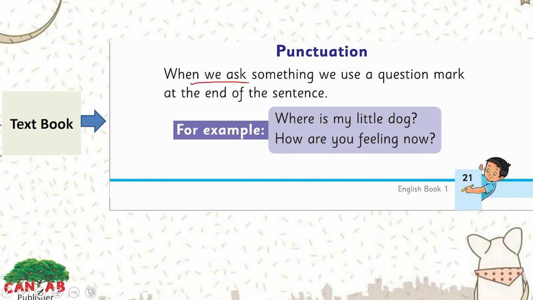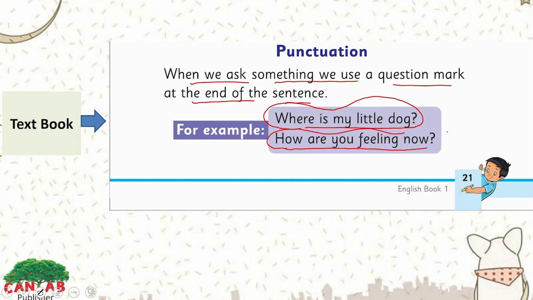When we ask something, we use a question mark at the end of the sentence. For example, where is my little dog? As you can see, this sentence here is in question form. Someone is interrogating about their little dog. It is in inquiry form. How are you feeling now?